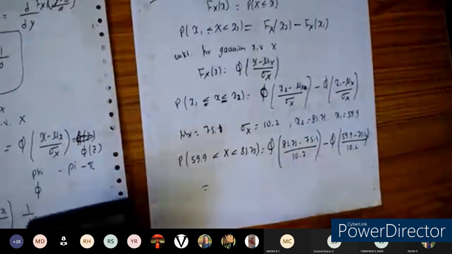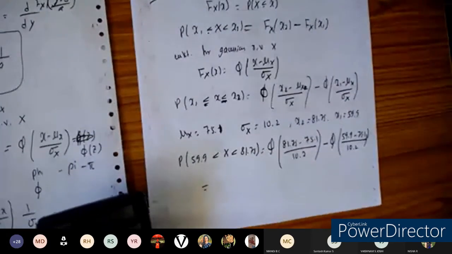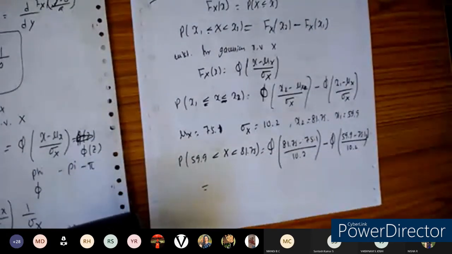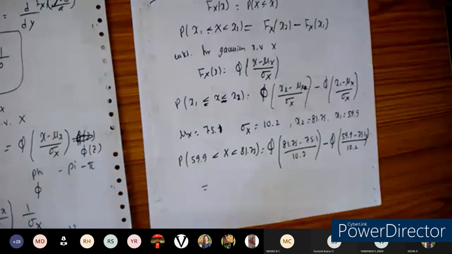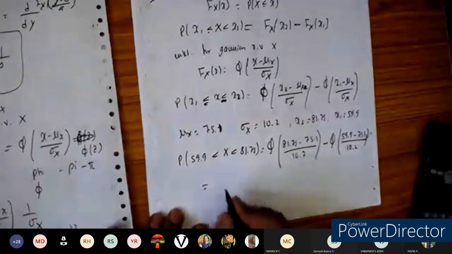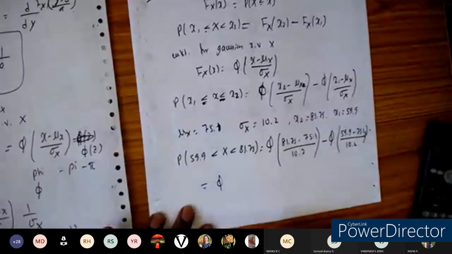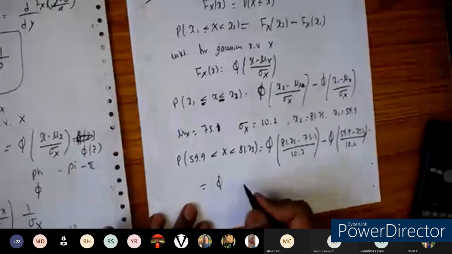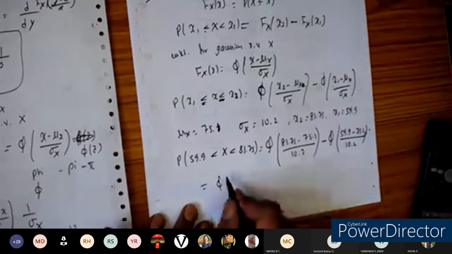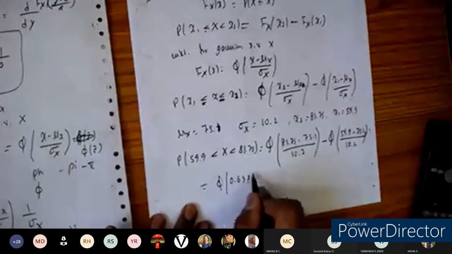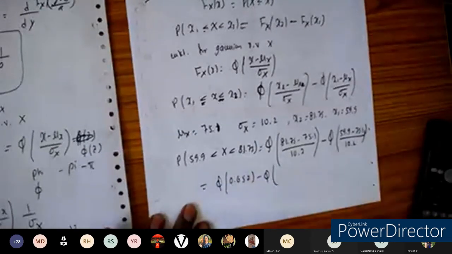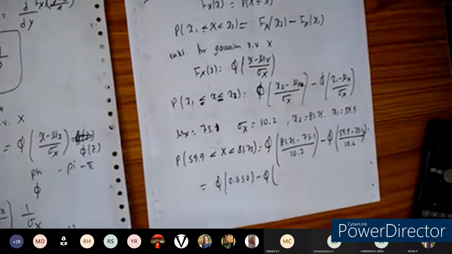I have the calculator. Do it fast. So 81.75 minus 75.1 divided by 10.2 is 0.65, more precisely 0.652. Then 0.652 minus the next one, which is minus 1.49.